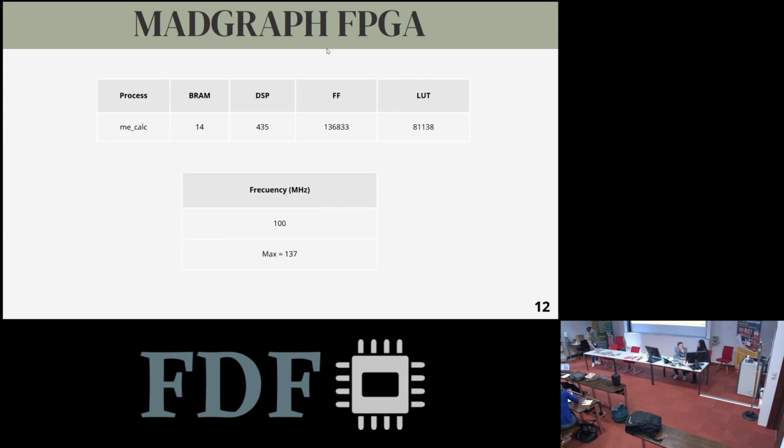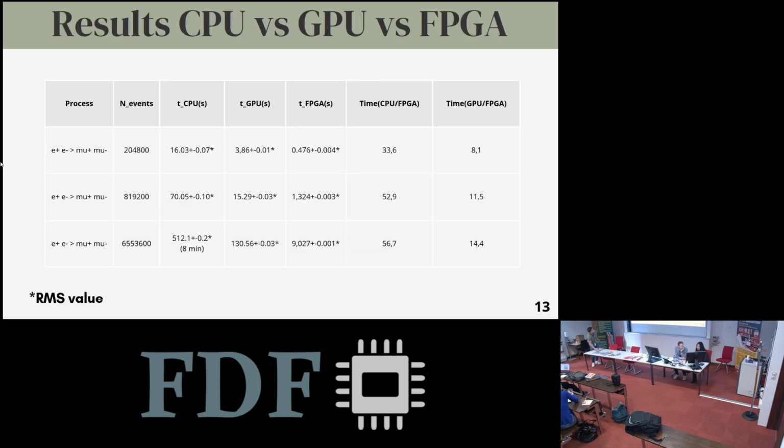So these are the resources I use in my case, and this is the frequency of the FPGA, and this is the result. For this process, comparing for a big number of events, it is 57 times faster than the CPU and 14 times faster than the GPU.